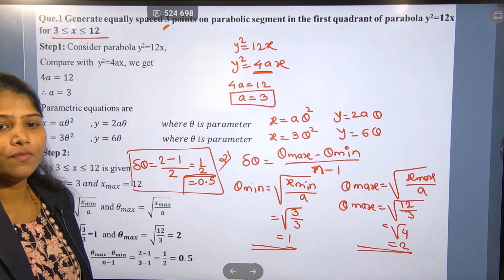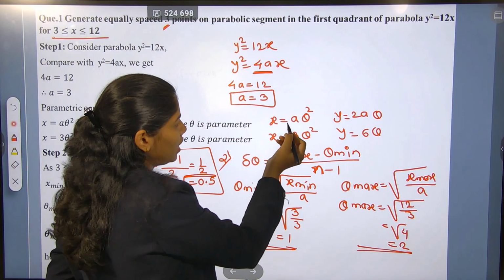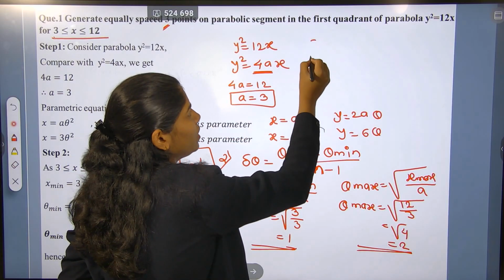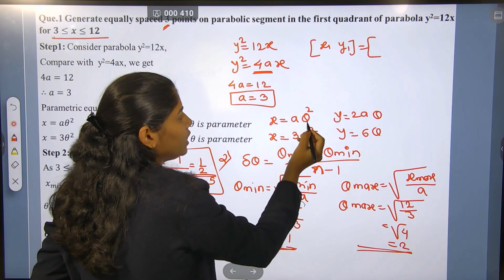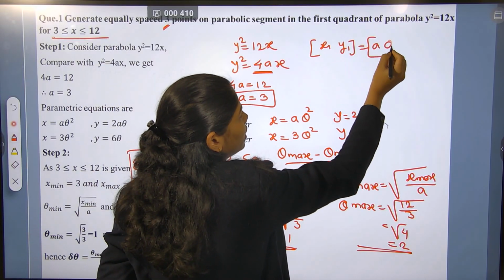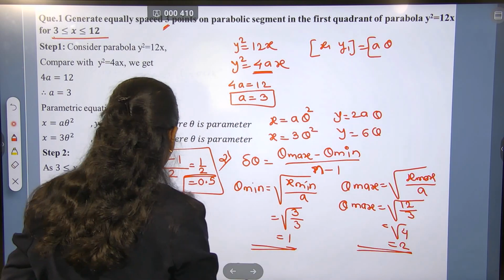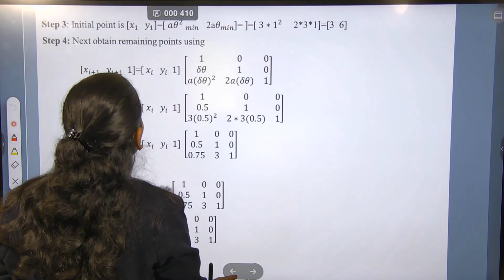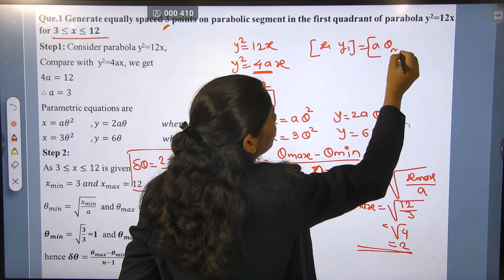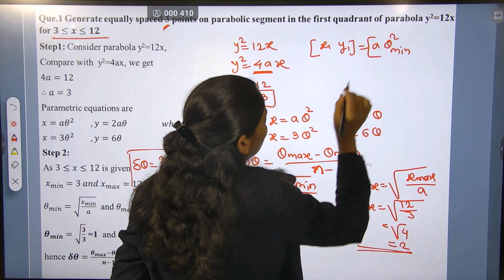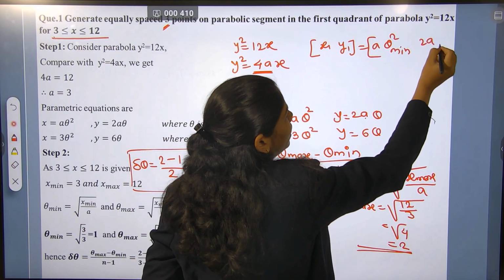Okay. So for finding out initial points, we have the parametric equation a theta square. So your initial points x1, y1 are a theta minimum square and y1 is 2a theta minimum.